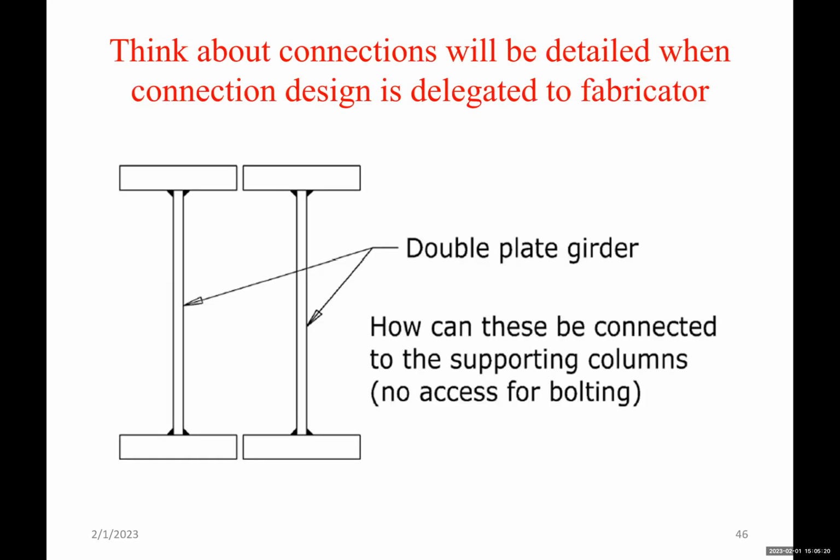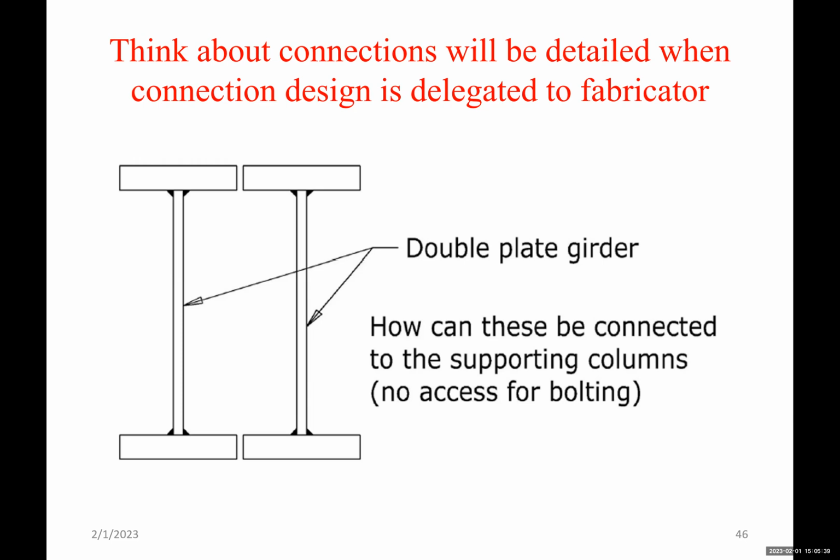Think about connections that will be detailed where connection design is delegated to the fabricator. So if you have double plate girders like this, okay, how are we gonna do the connections here?